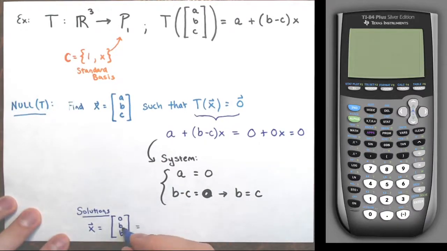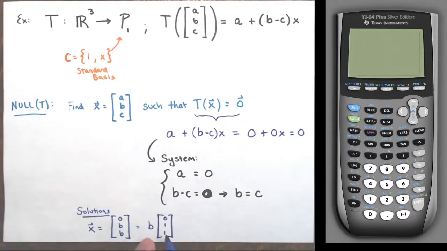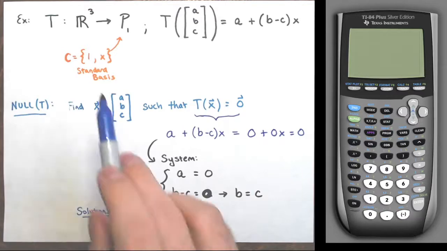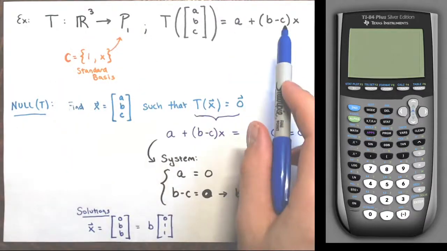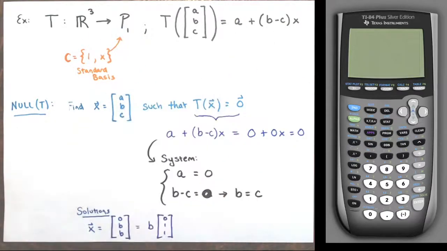And look at this. B is just some real number, I can pull that out. That's a scalar. That's B times the vector 0, 1, 1. So what we're seeing here is that every vector in R3 that maps to the 0 vector in P1 is a scalar multiple of the vector 0, 1, 1.